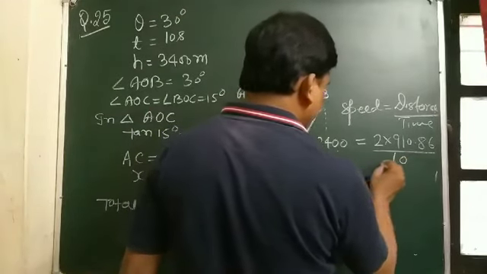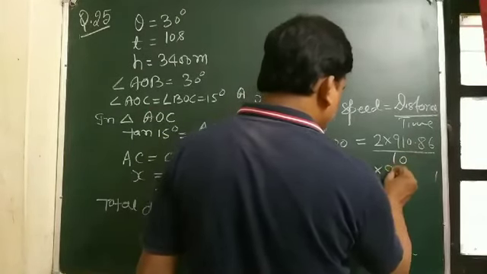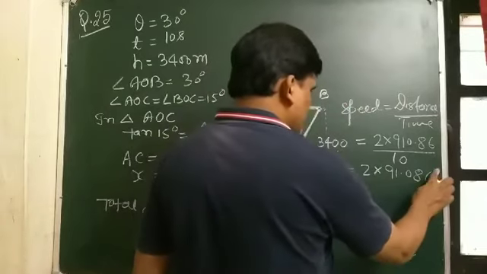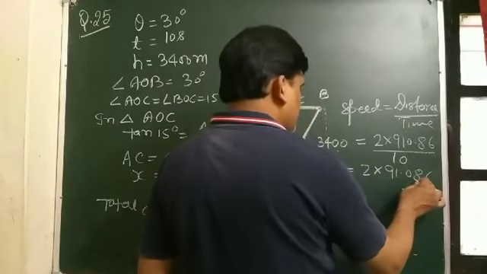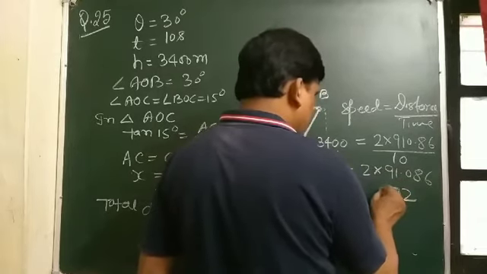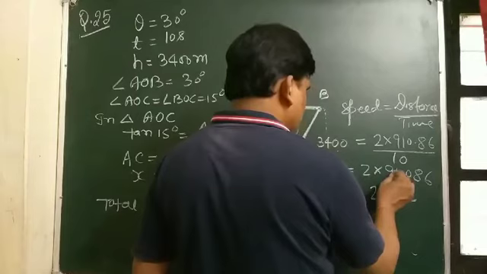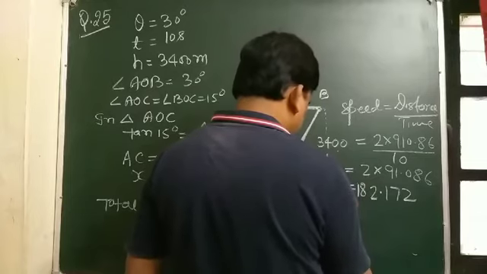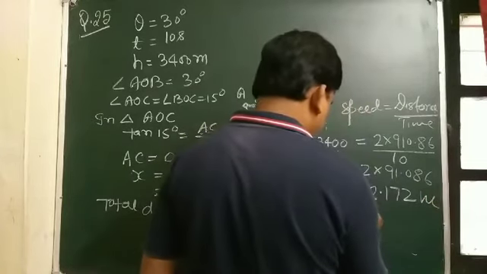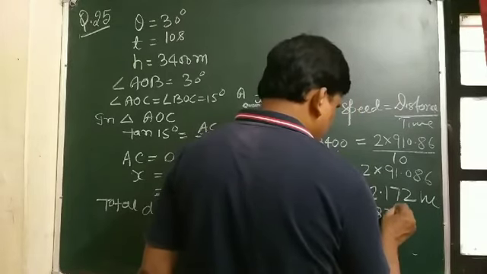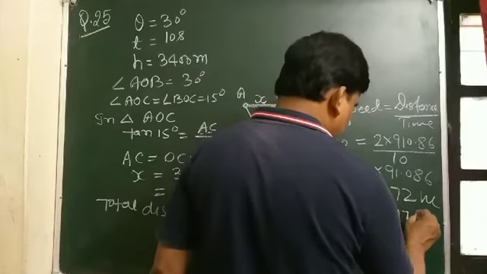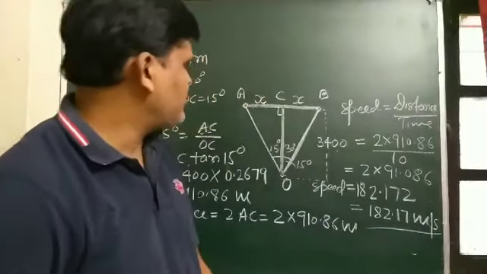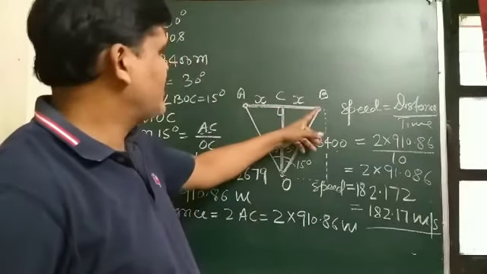It is written as 2 into 91.086, and it comes out to be that the speed of the aircraft is 182.17 meters per second.